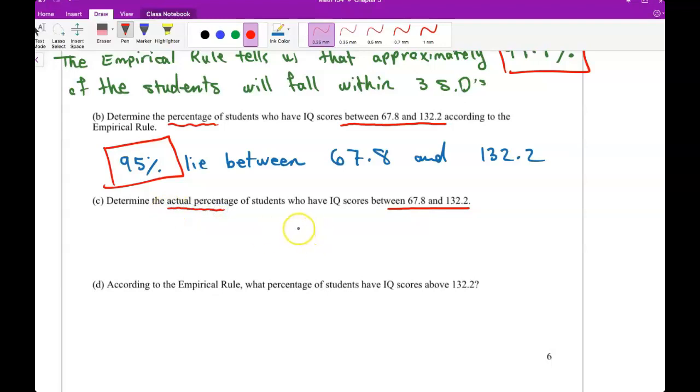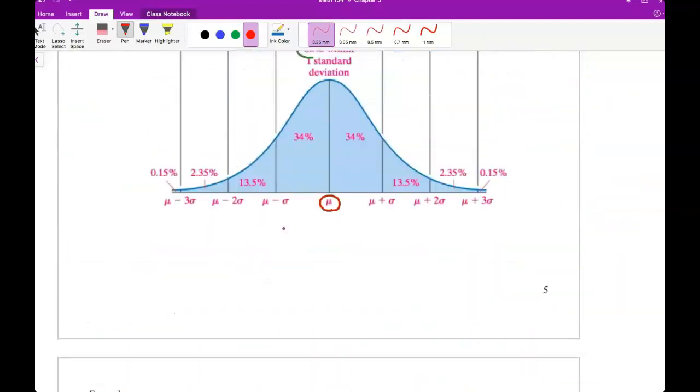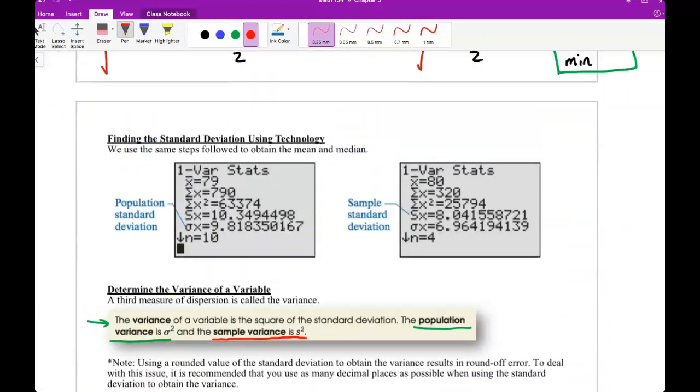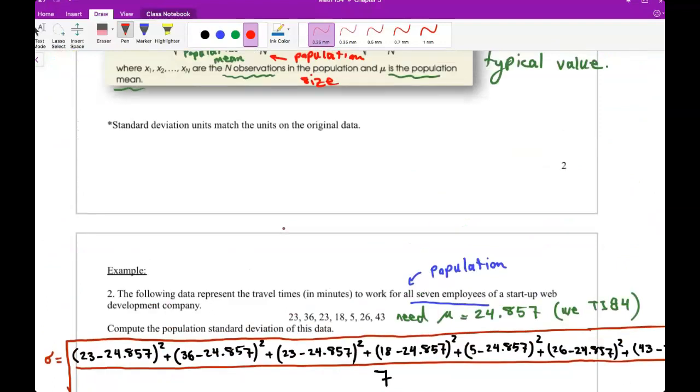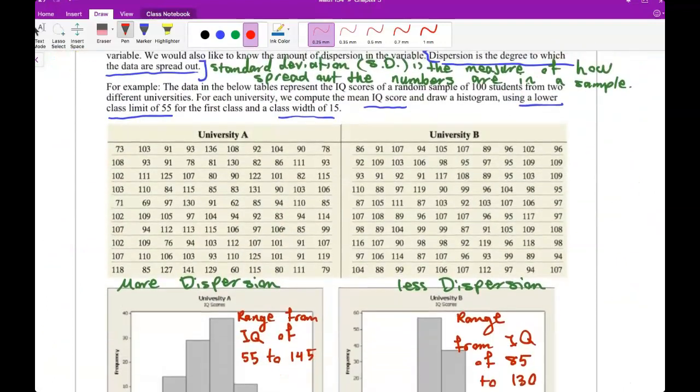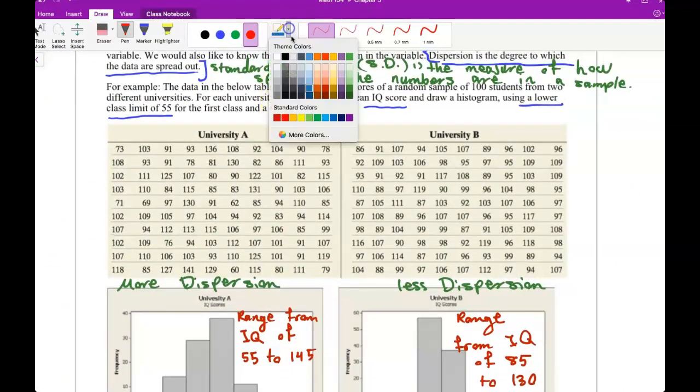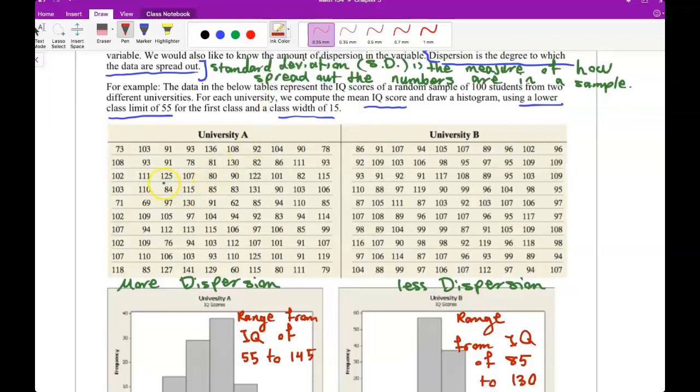We should use our data from the first page for University A. Part C was scores between 67.8 and 132.2.